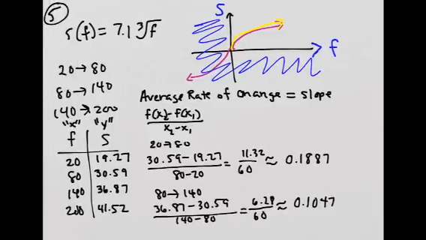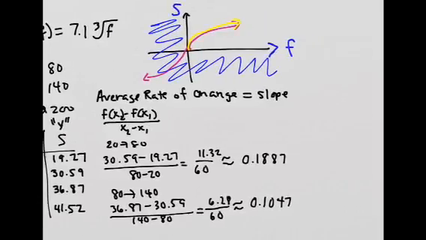Then from 140 to 200, we take the number for 200, which is 4152, and the number for 140, which is 3687, and then subtract 200 minus 140.